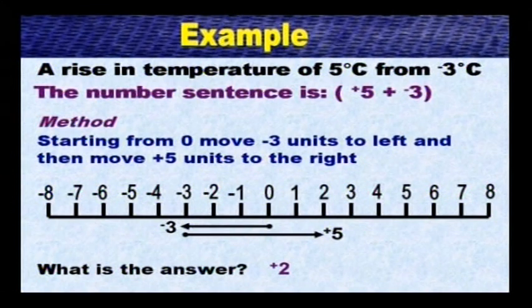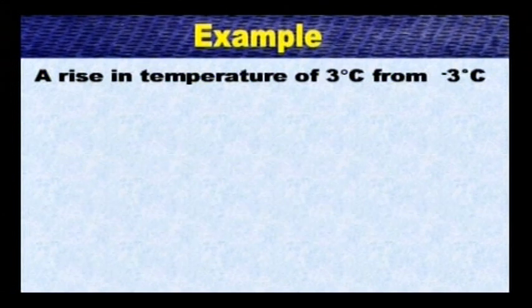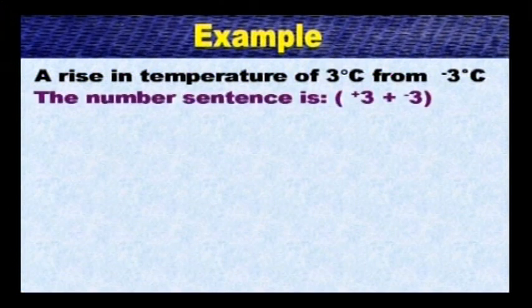Even though it is different signs that we are adding, the arrows on the number line show head to tail. Our second example is a rise in temperature of 3 degrees Celsius from negative 3 degrees Celsius. In number sentence, it is positive 3 plus negative 3.